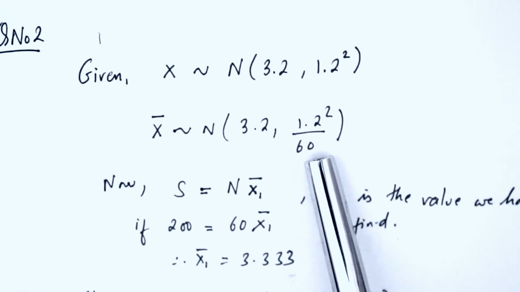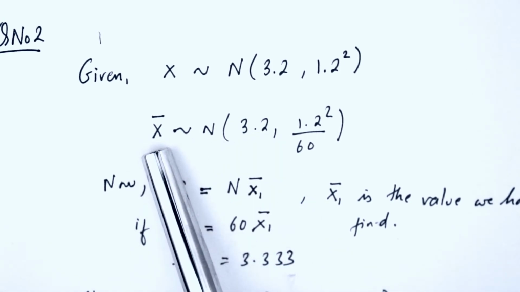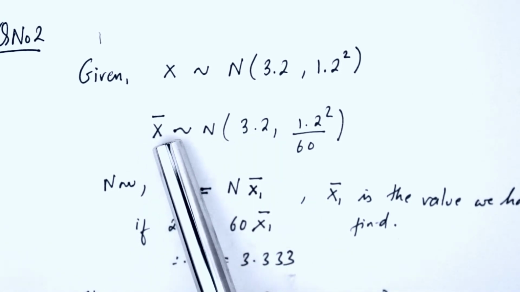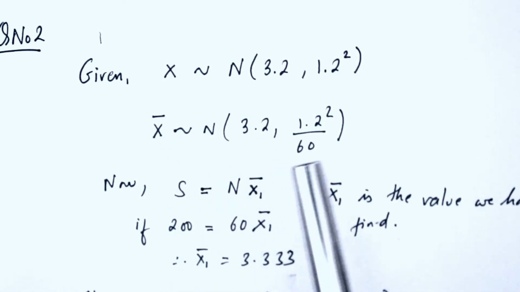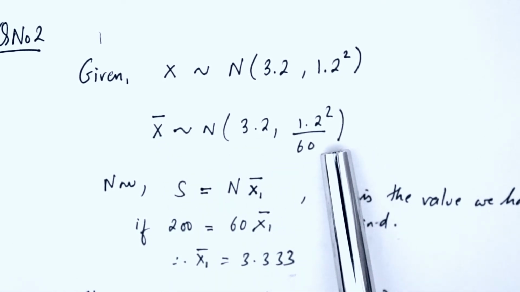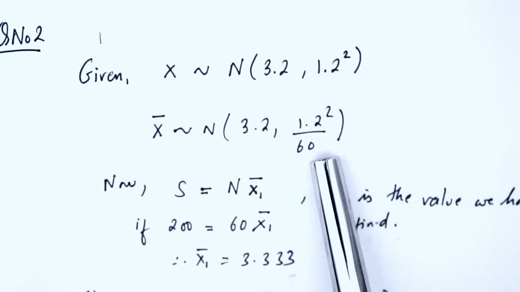So if you want to find the mean of the normal distribution for the variable x bar, it's still going to be the same, and the variance has to be such that it's divided by n, variance divided by n.